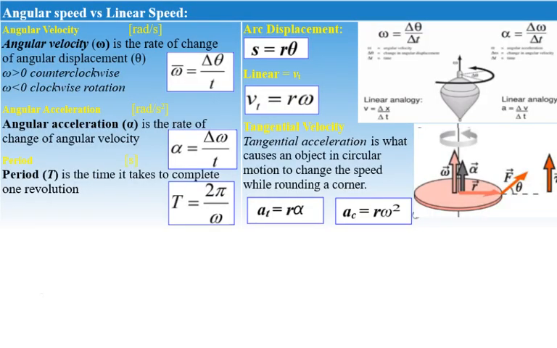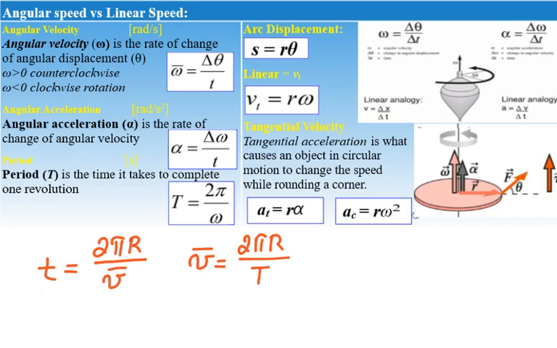Also, the time is equal to the distance over average velocity, but in a circular motion the linear distance is 2 pi r over the average velocity. Or you can say the average velocity around the circle is equal to 2 pi r divided by the period, which is the time it takes to travel around the circle.